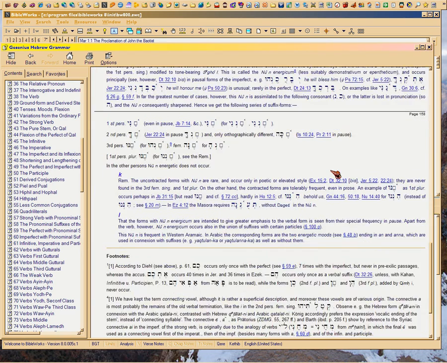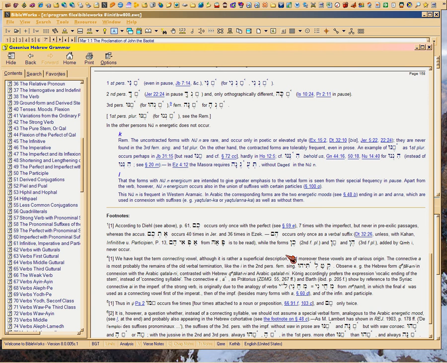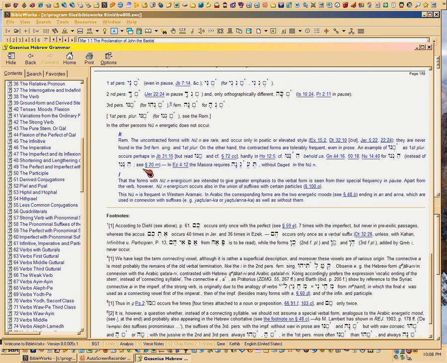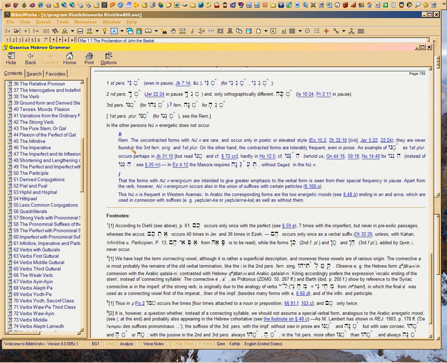This is one of the most famous Hebrew grammars in the world. This one should be the 1910 edition. My hardback is 1910 and is far easier to read, but that's okay.